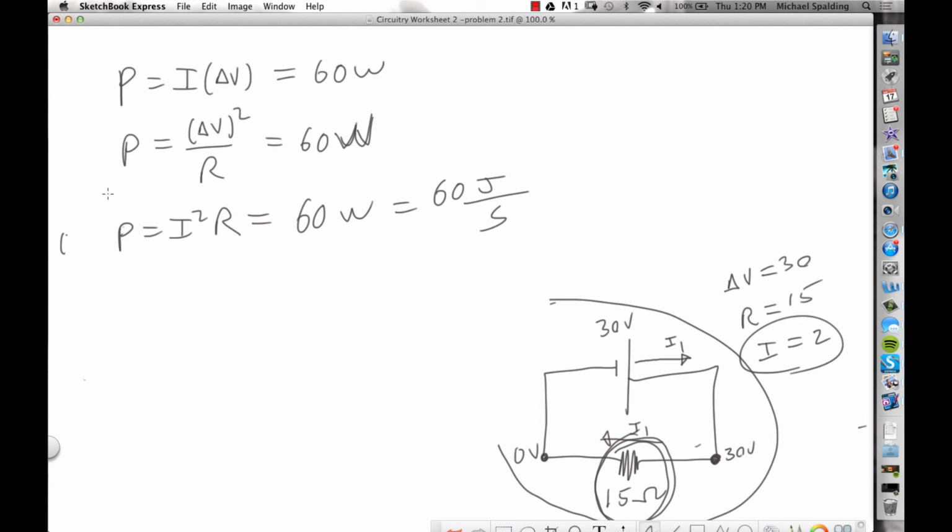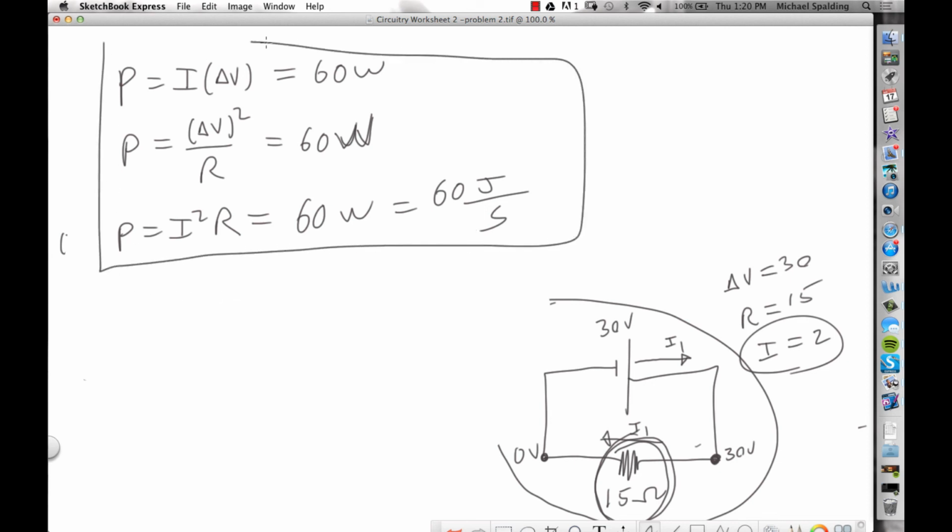So 60 watts means 60 joules per second. How do we figure out how much energy was used in 7 minutes? T equals 7 minutes, but we got to put that in seconds. That's 420 seconds. What's the definition of power?